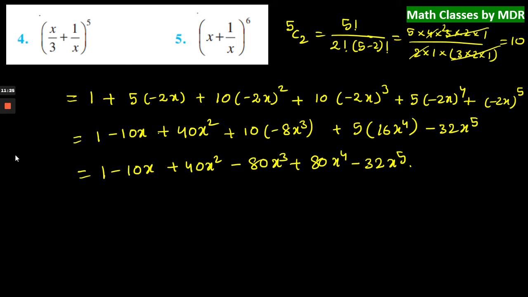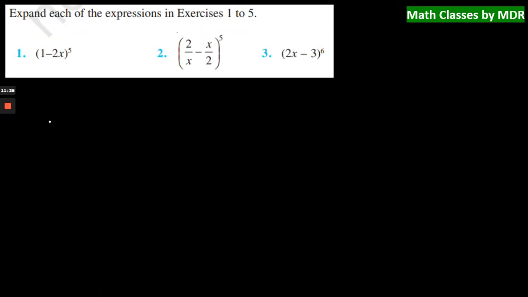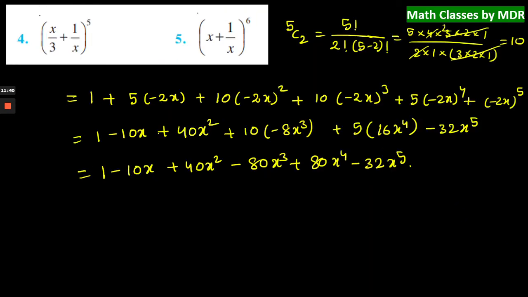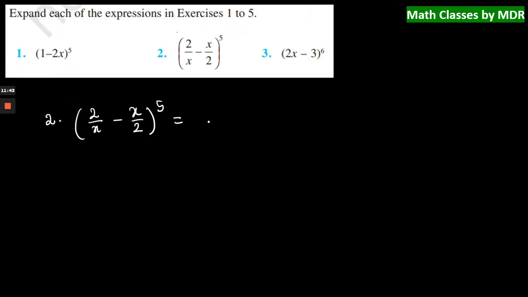Now let us start with the second one. Now coming to the second one, 2 by x minus x by 2 whole to the power 5. So instead of writing the same equation again and again, we are going to use the same formula. Instead of x we have 2 by x, instead of y we have minus x by 2.